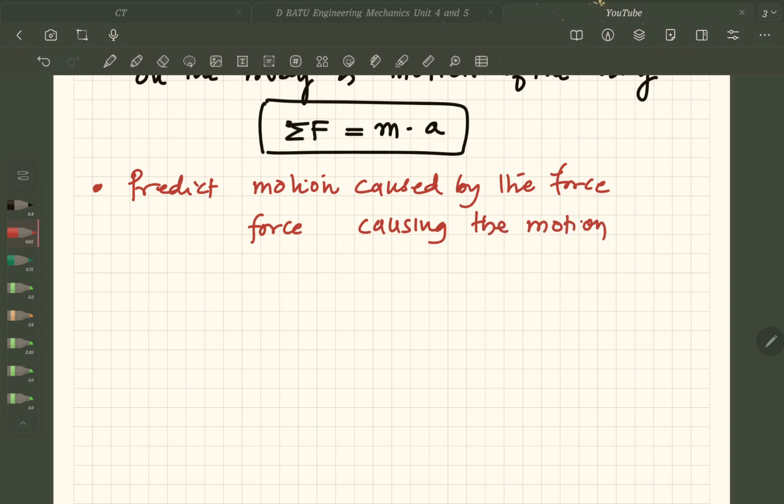What does that mean? Either the forces will be given to you and they will ask you to calculate the acceleration or related parameters, that is velocity, displacement, time period, and the position.